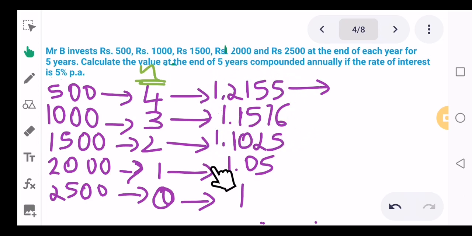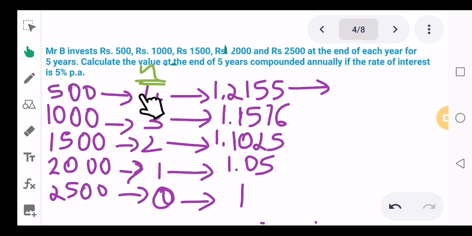So all these are future values of 1 rupee, calculated with respect to these periods and the rate of interest.